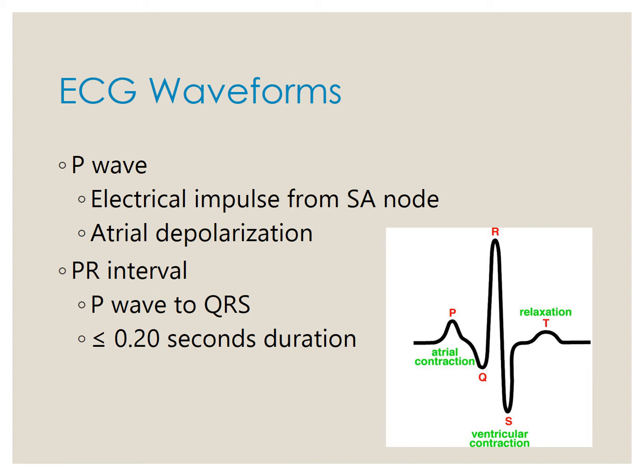When you are measuring from your P wave to your QRS, it should be equal to or less than 0.2 seconds. That is your normal PR interval. That is something you need to memorize. This will be important in identifying heart blocks, which we'll go over a little later.